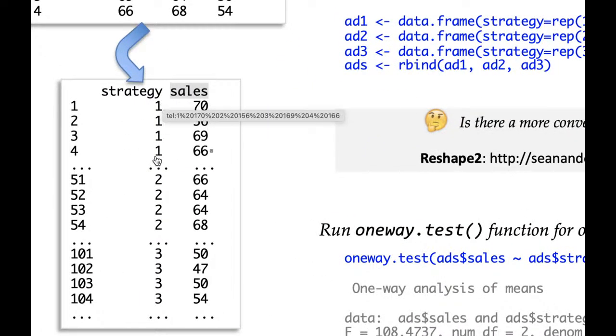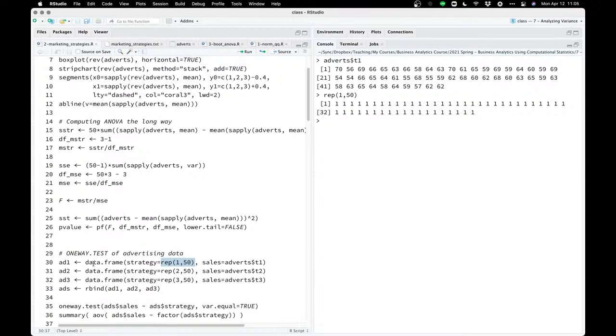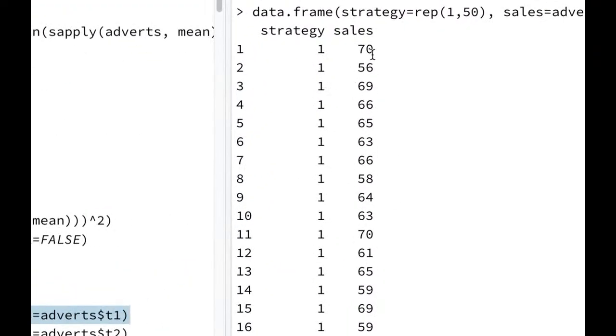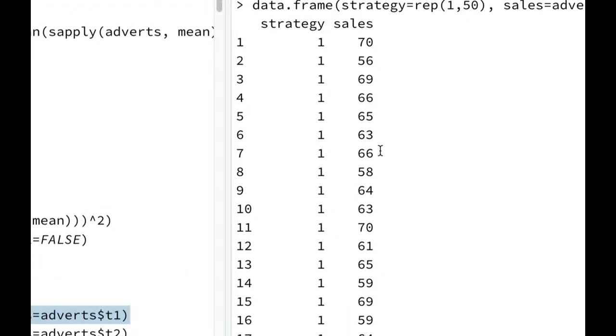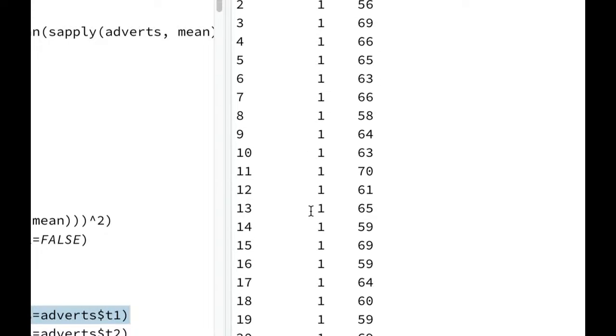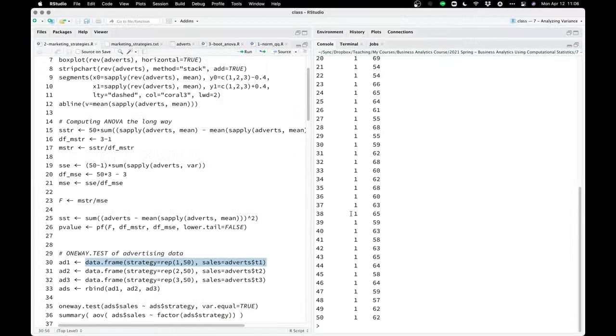It wants 50 ones in a column and 50 sales values of that strategy in a column. All right. And what I'll do is I'll simply put them together in a data frame. And that's what it looks like. Here are all my sales numbers for the first treatment, and the number 1 repeating 50 times. Okay. That's 1/3 of the data that R wants me to have.